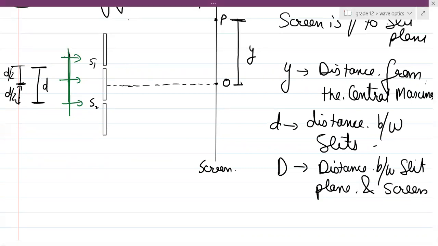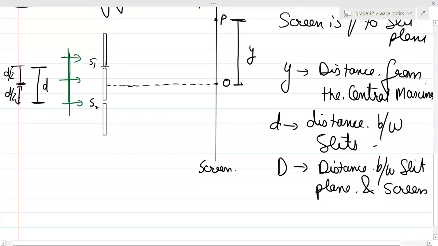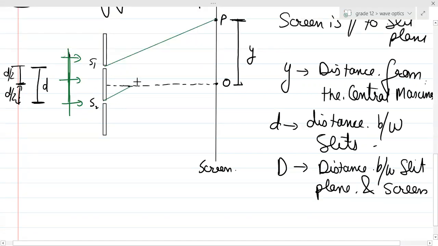One wave will go from S1 to point P. This will be wave 1, and there will be another wave going from S2 to point P. So can you see two waves?